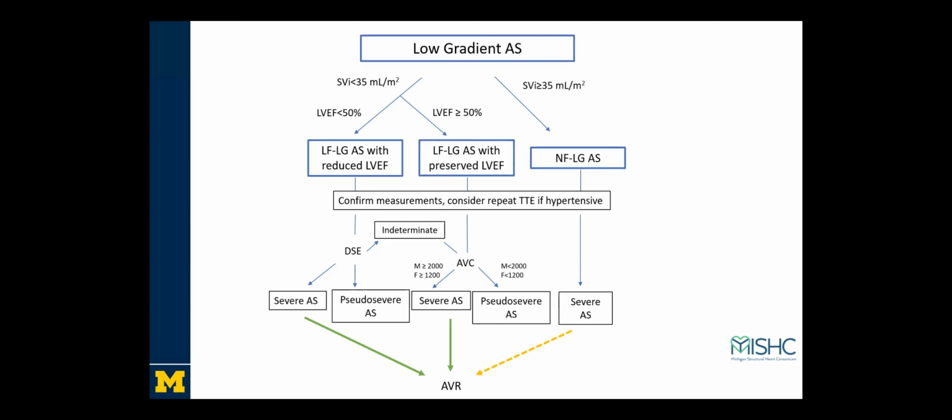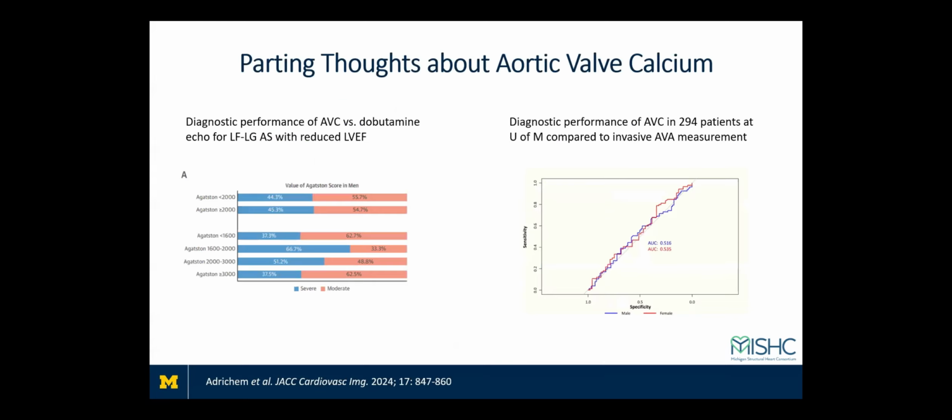So finally, completing this flow chart here, for patients with normal flow, low gradient AS, if we confirm measurements, their blood pressure was normal at the time of echo, and we confirm severe AS, although the guidelines are not very specific about this, I do think that we have to be thoughtful and consider in carefully selected patients TAVR or surgical AVR.